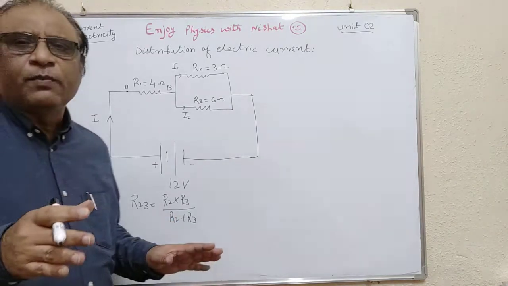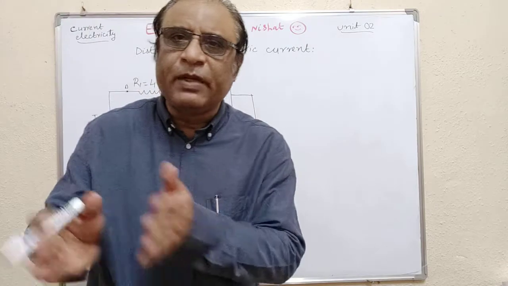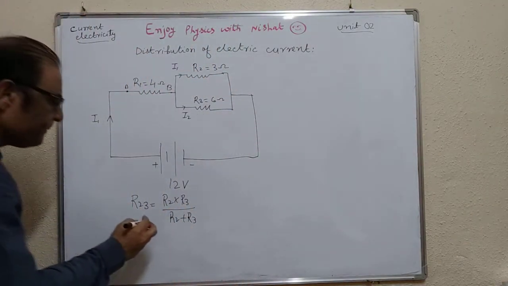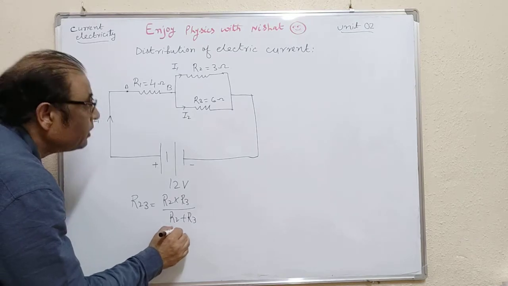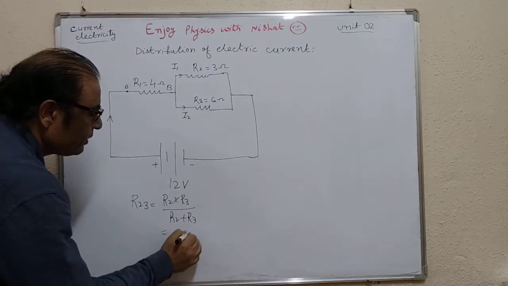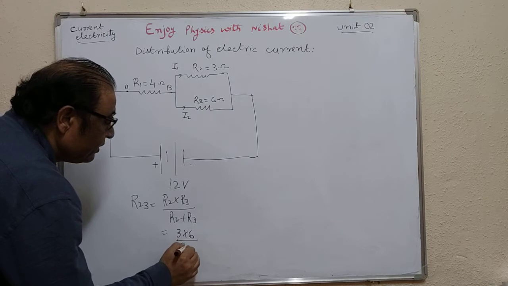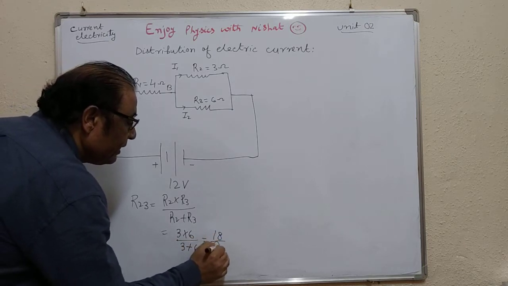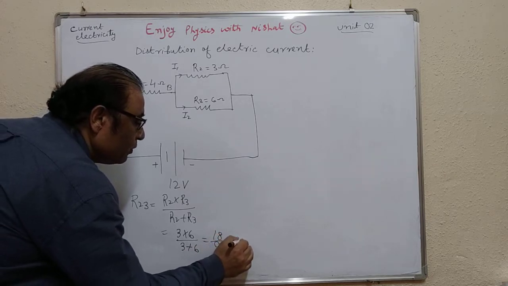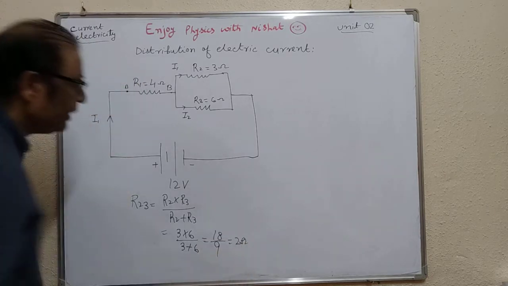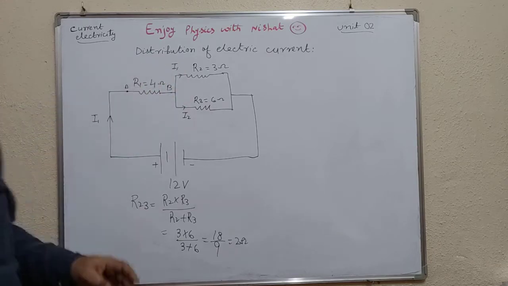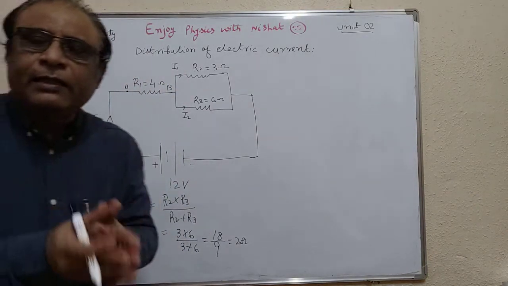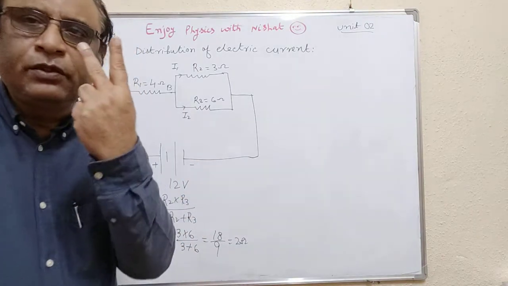It has been derived from 1 upon R is equal to 1 upon R1 plus 1 upon R2. Same thing, but here I am doing the short. Then R23 is 3 into 6 upon 3 plus 6, that is 18 by 9, and that is 2 ohm. It means R2 and R3 are in parallel, and their effective resistance is 2 ohm.